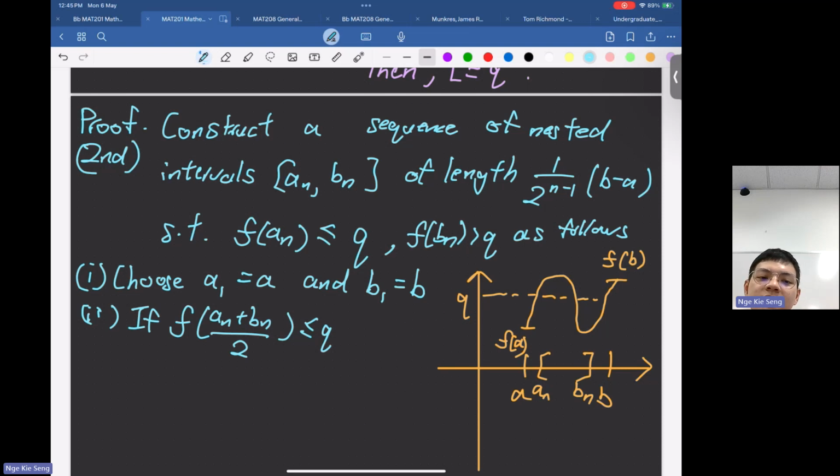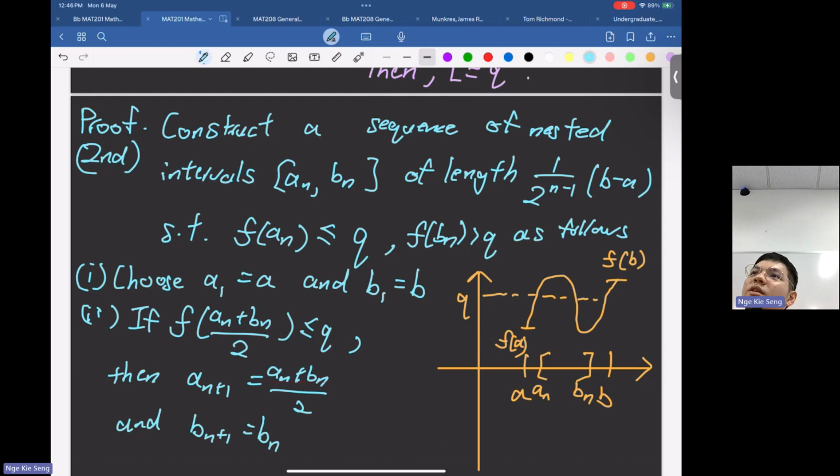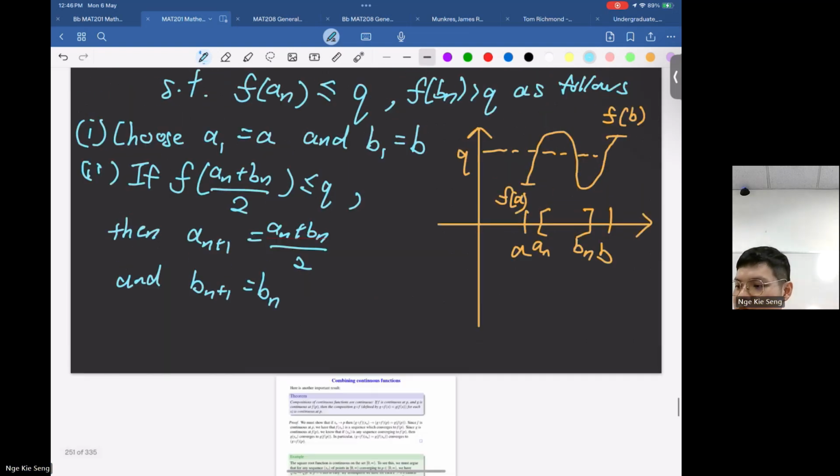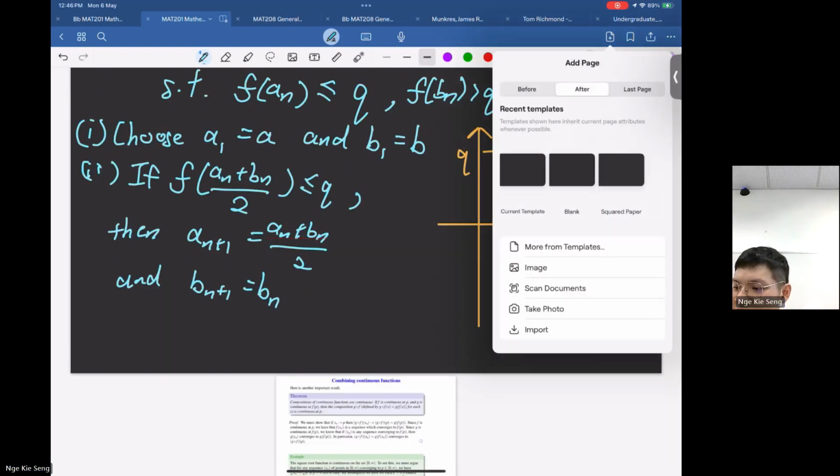If this point is less than or equal to q, then I let this point be my a n plus 1, because this point is on the left and f is less than or equal to q. And I just keep my b n plus 1, because the previous b already has f of b greater than q.